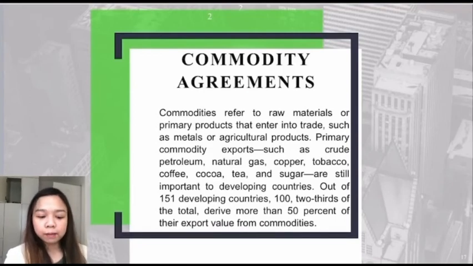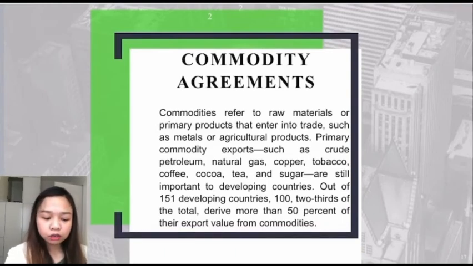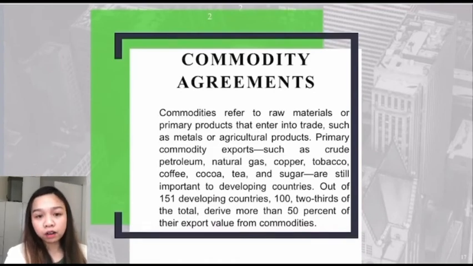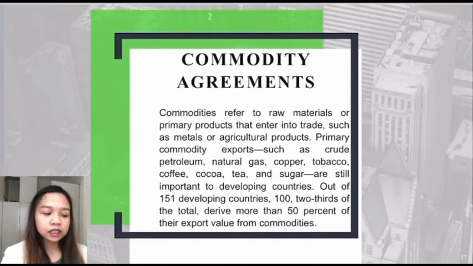Commodity agreements often involve intervention schemes such as buffer stocks and usually only last for a few years, whereupon they are renegotiated. The commodity agreements are different from cartels such as OPEC. The meaning of OPEC is the Organization of the Petroleum Exporting Countries, and we're going to tackle it on the next slide.